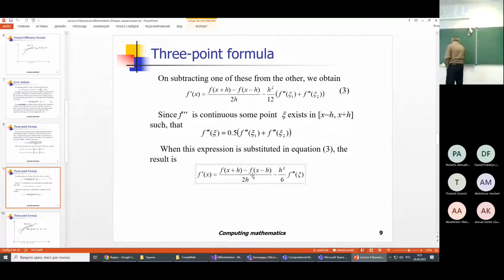We consider this example, f of x equals x cubed. The real value of the real derivative is 3x squared, and we estimate the real value of the derivative using these two formulas.